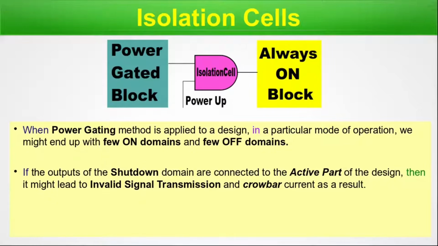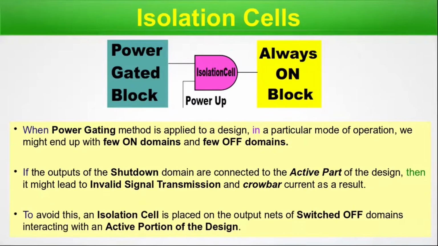To avoid this situation, an isolation cell is placed on the output nets of the switched off domains interacting with the active portion of the design. This is what I have just shown in the above picture, on this same page. So we are done with both the pictorial and text explanation. Let's move on to the next slide.